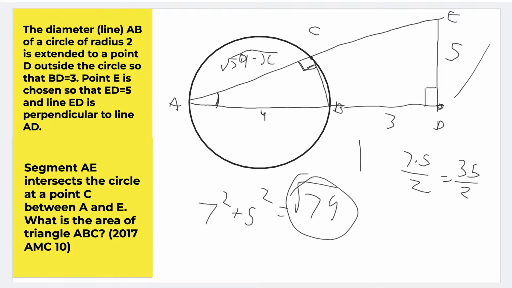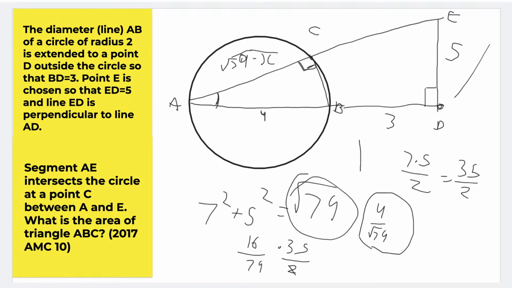So it's 4 over square root of 79, squared, times the area, and that is the area of triangle ABC. So what is 4 divided by square root of 79, squared? That is simply 16 over 79, since if you multiply two square roots, the square root is gone. So 16 over 79 times 35 over 2. So that is the area of ACB.